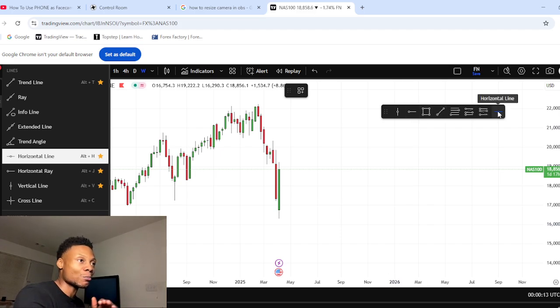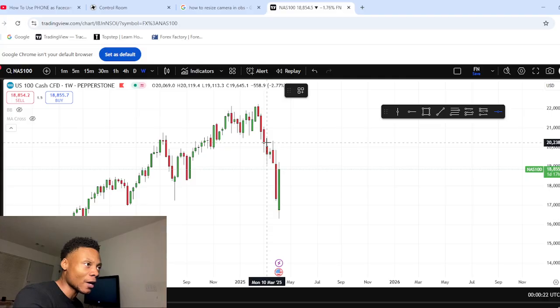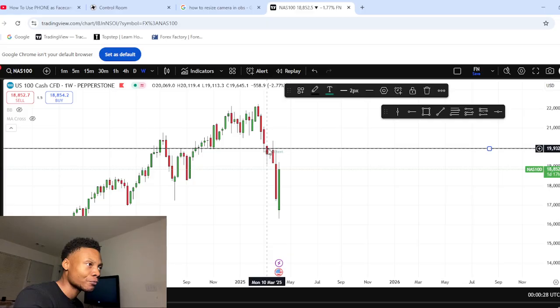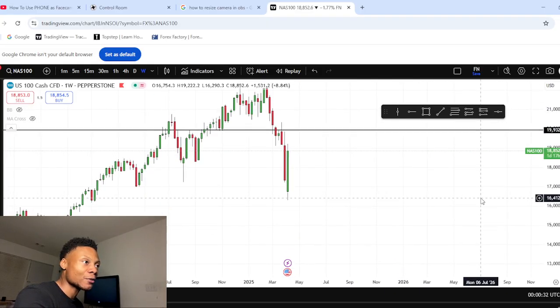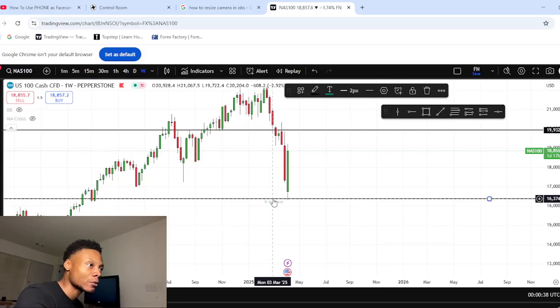So I have some markings that are already favorited. I'm going to make a line here, and I'm going to make another line here at the current low.